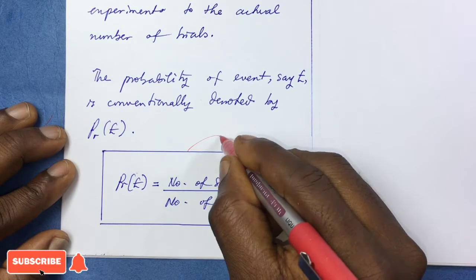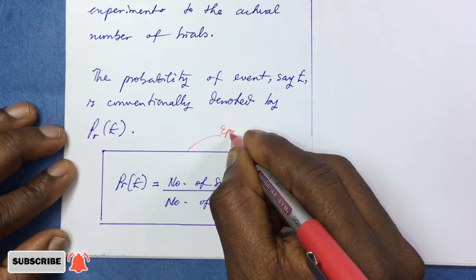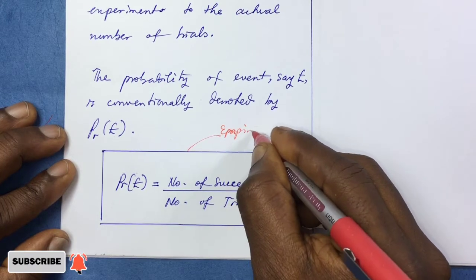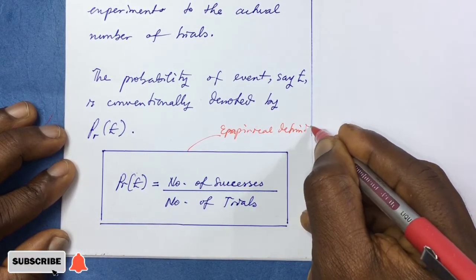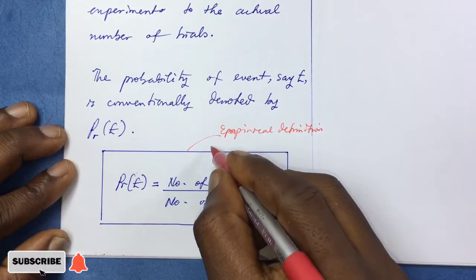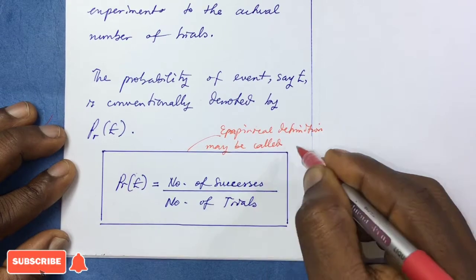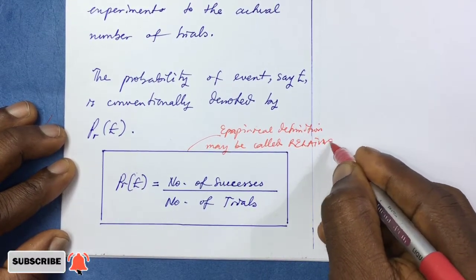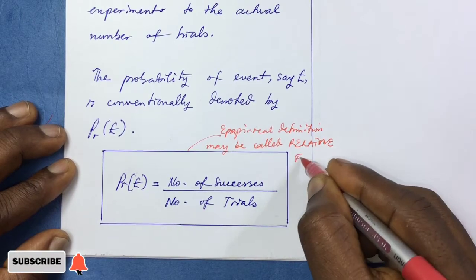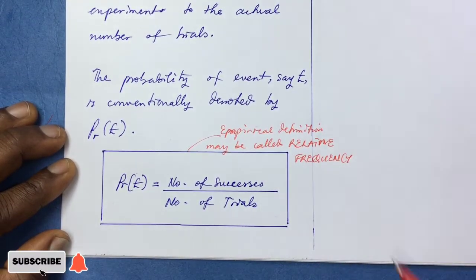So I'll put here: empirical definition may be called relative frequency definition. So another name for the empirical definition is the relative frequency definition.